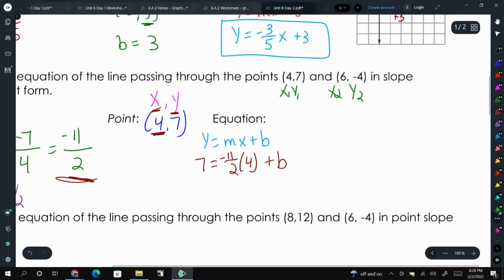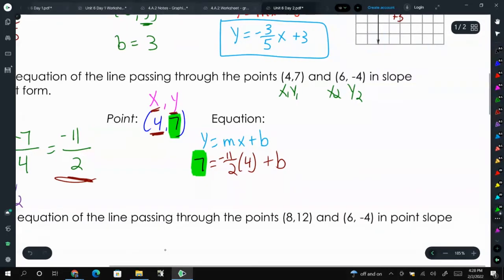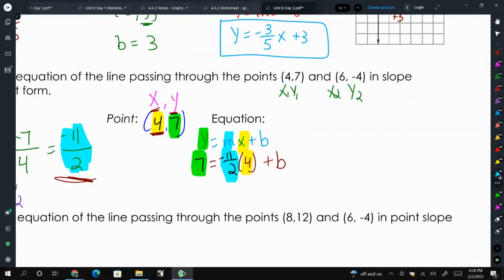Let me just highlight where I got those from: yellow for x, and light blue for our slope. You can see I just plug those things in, and now I can get b by itself.